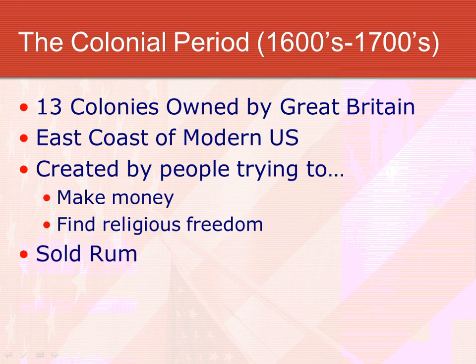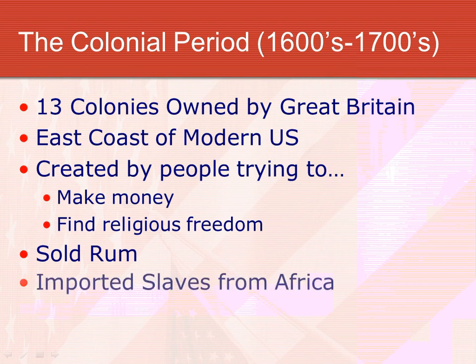They sold rum. What they would do is they would sell rum to Africa. What did they get from Africa in return? We made rum. We sold it to Africa, and in return, we got slaves.